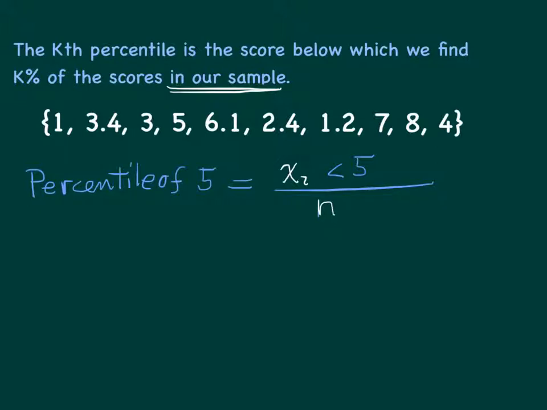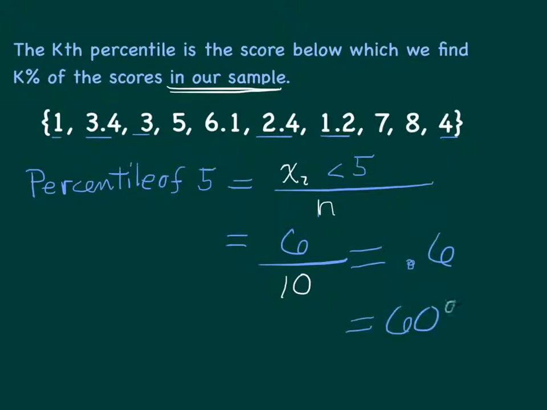So in this case, the number of scores less than 5, we can count up 1, 2, 3, 4, 5, 6. We would have 6 out of the 10 total observations in the fixed white sample. We get 0.6. When we convert this to a percent, this is 60%. So the percentile associated to 5 is the 60th percentile.